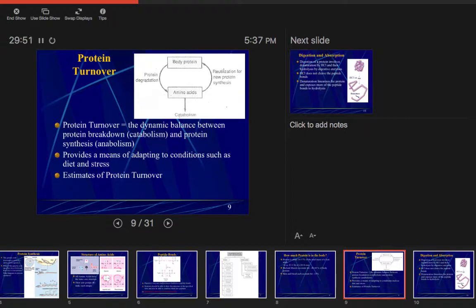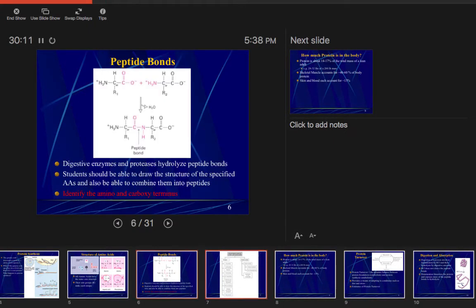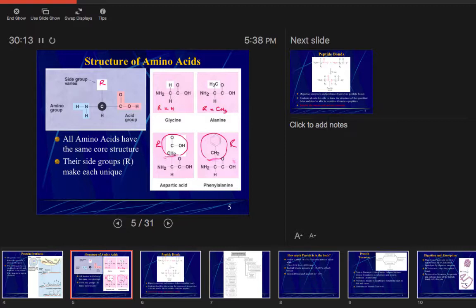Let's say this is a protein in the body. That protein can be degraded, so the amino acids are available. Those amino acids can be reincorporated or reutilized for another protein. Or they can be catabolized. In other words, if we look back at their structure, let's say this amino acid comes out of a protein.